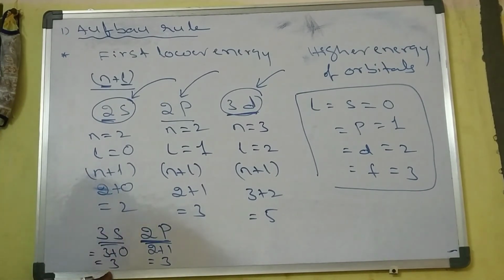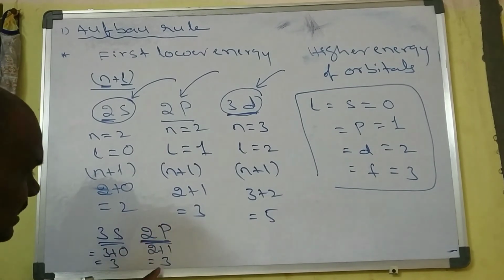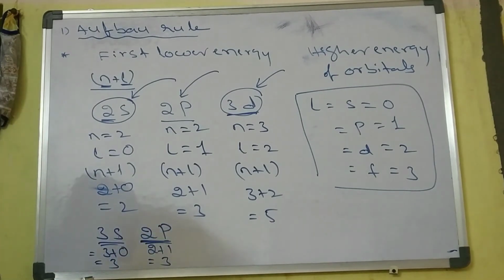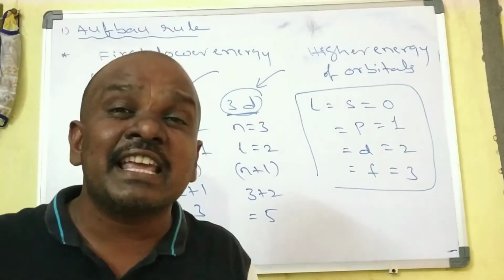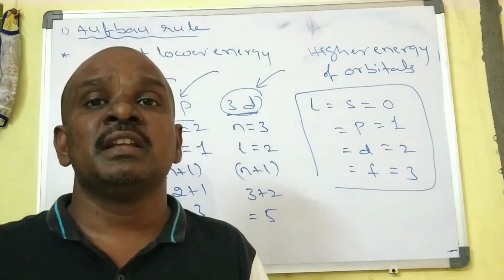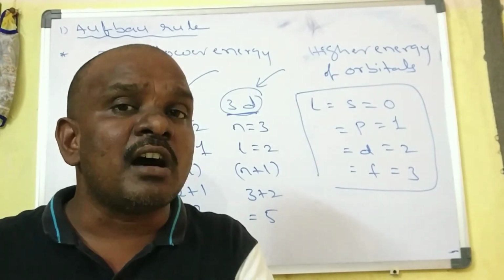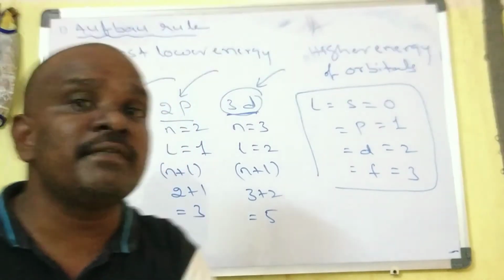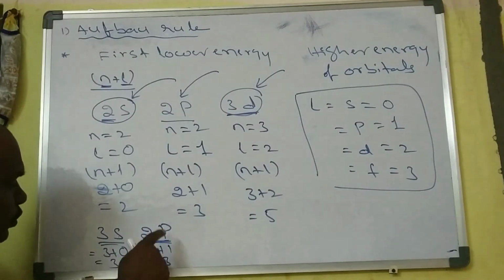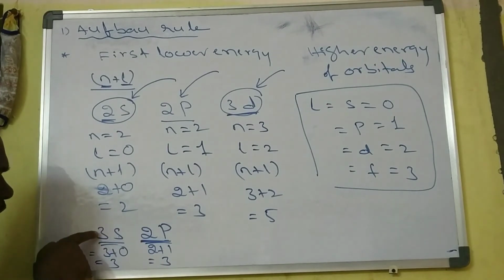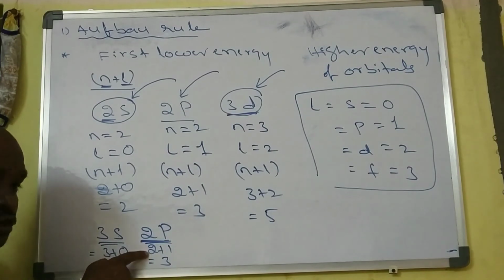For 3s, the N plus L value is 3. For 2p, the N plus L value is 3. So both orbitals have the same N plus L value. Then which orbital is considered lower energy? The orbital which has the lower N value. Among these two, which orbital has the lower N value? Here the N value is 3, here the N value is 2.